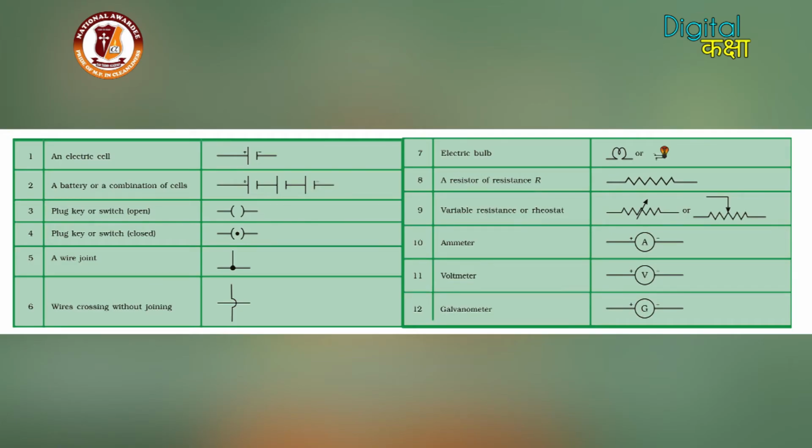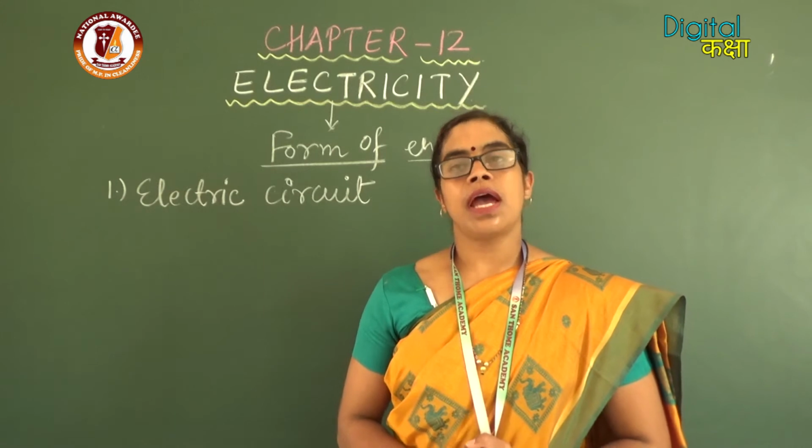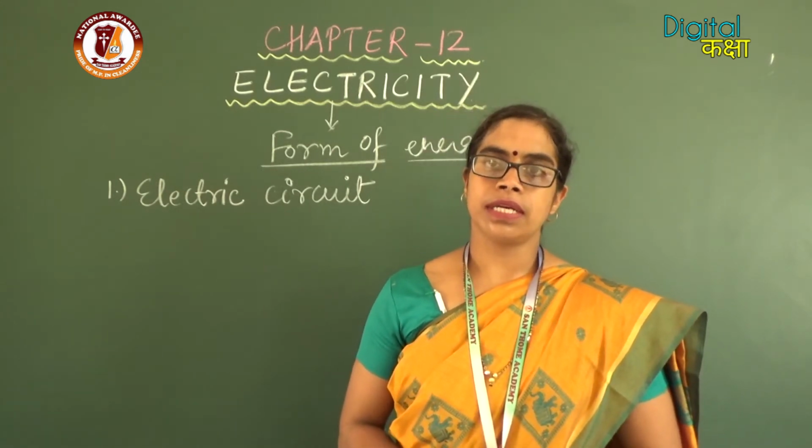You can see the symbols and understand in what way these components are to be drawn. We will be using these components and their symbols in various circuit diagrams in this chapter.